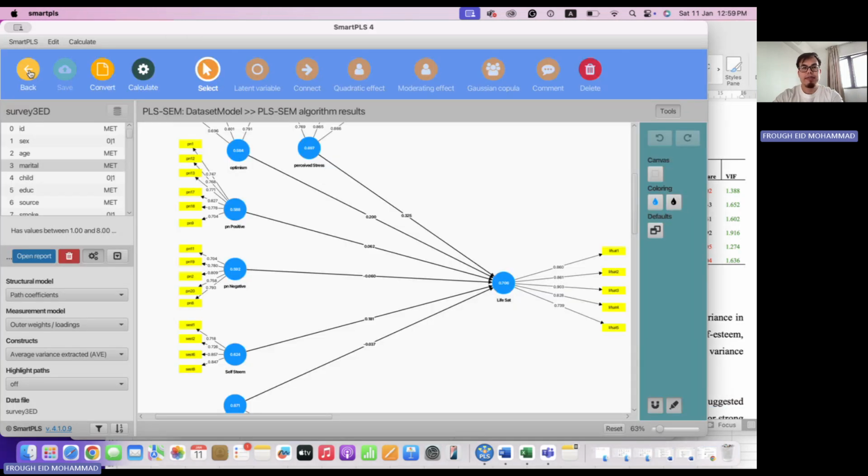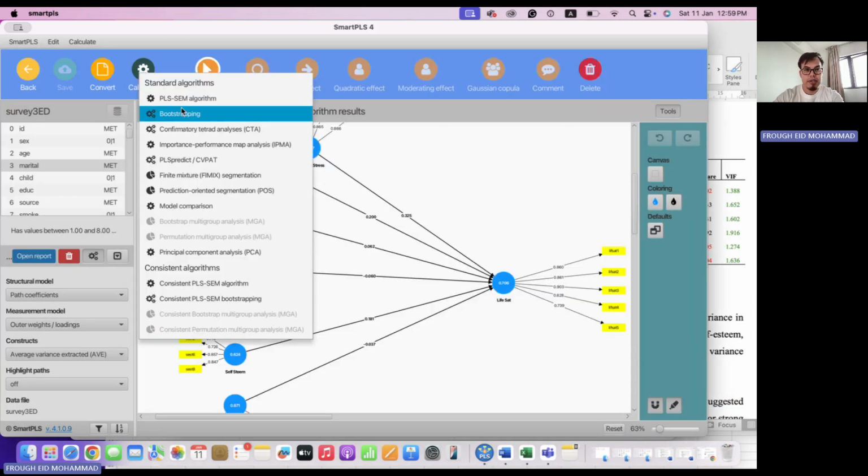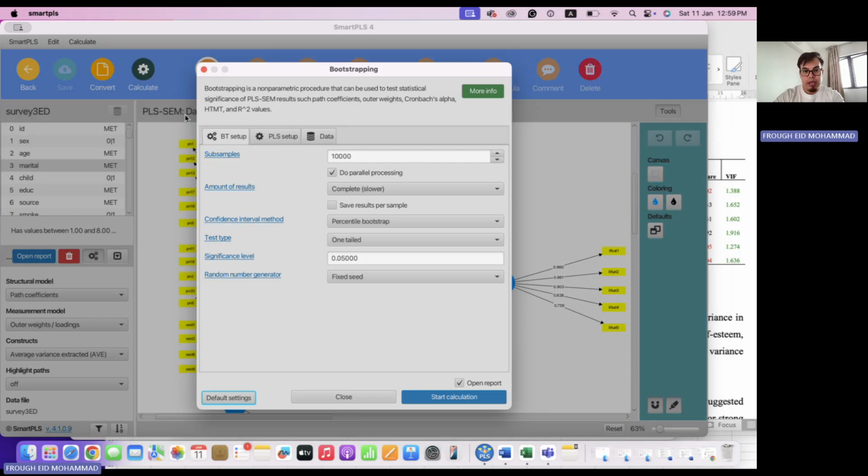For that, I need a different calculation, which is bootstrapping. For this, I choose one-tailed because all the constructs are one-tailed. It means it is clear whether they have a positive or negative influence on the construct, so it is clear and straightforward.